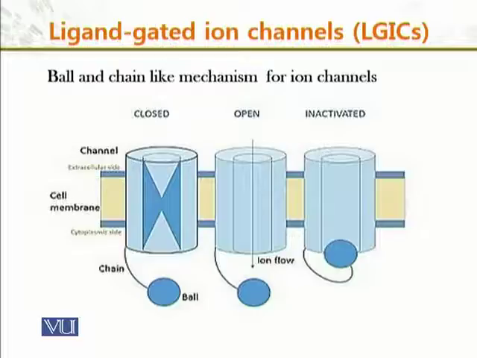Further, all these channels cannot be opened or closed permanently, so the cell has to inactivate them. When it is inactivated, the ball fits into the channel. And remember again, they are at the discrete end of the channel. And this is the ball and chain model.